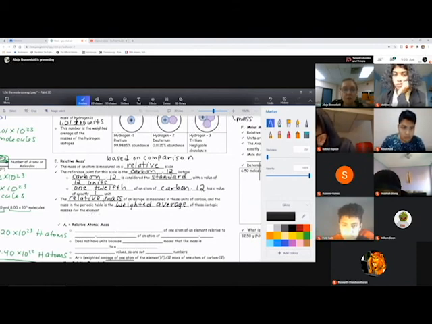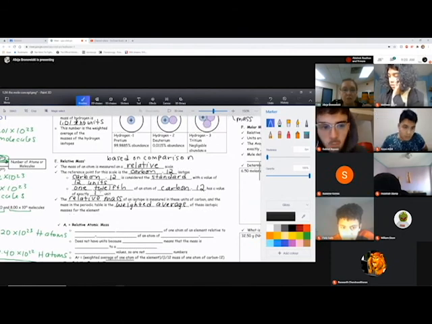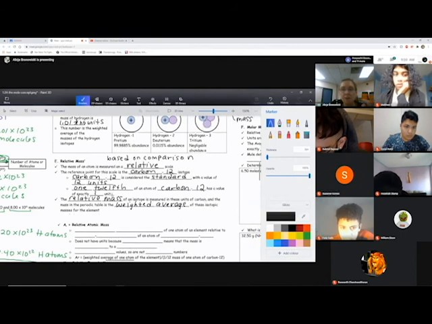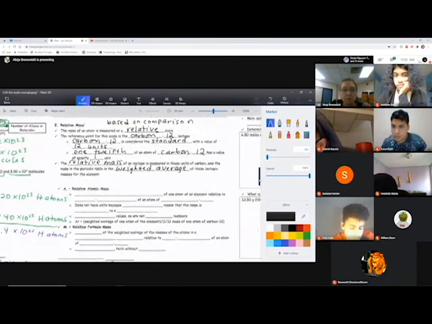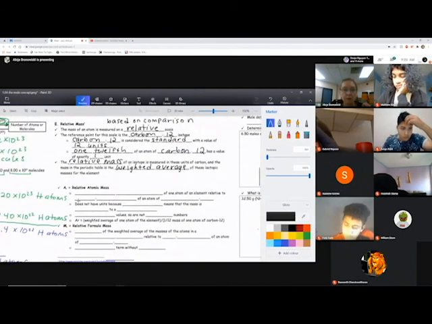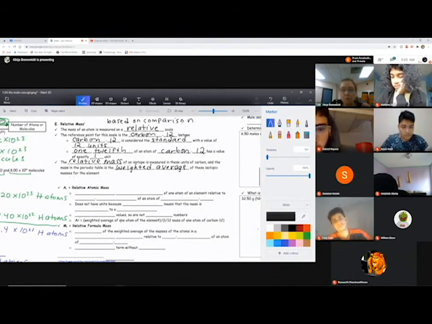So each isotope is measured using these units based on carbon-12, and then when I take the weighted average, I get the mass that's listed in my periodic table. Okay, so I'm going to talk about relative atomic mass, and then I will go to the video, and hopefully you can see the video.